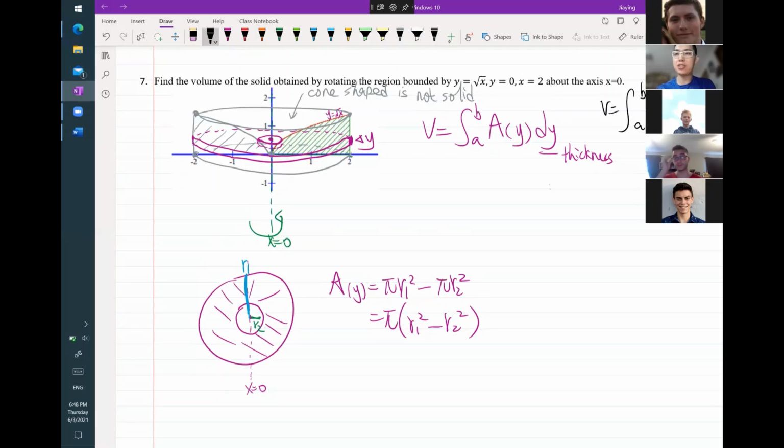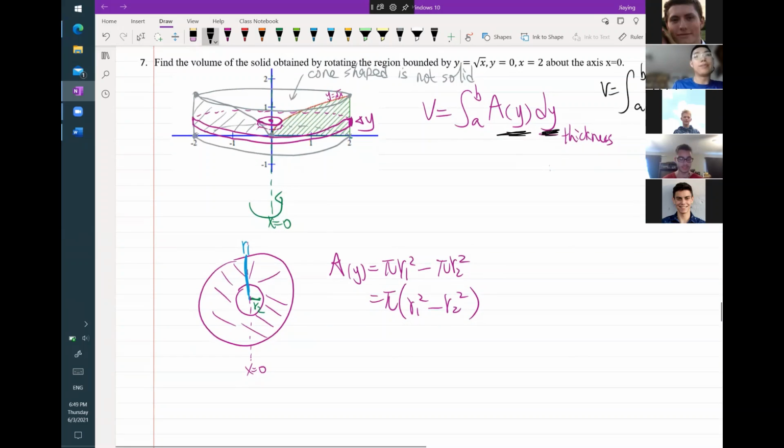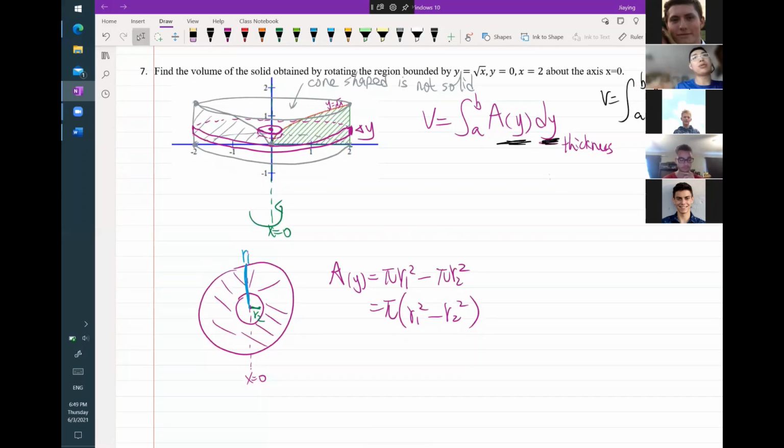If you have a dx there, that means your area is going to be a function of x. But if you have a dy here, then the area is going to be a function of y. That way you can integrate. If you have a dy and you have A of x, then you can have a little bit of trouble there. You have to do the conversion. Okay. So that should be the kind of hint, the matching block.